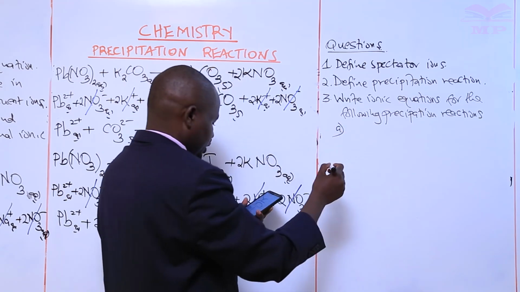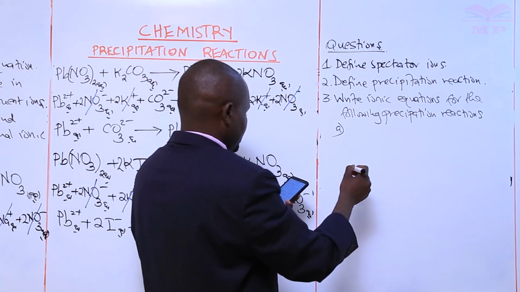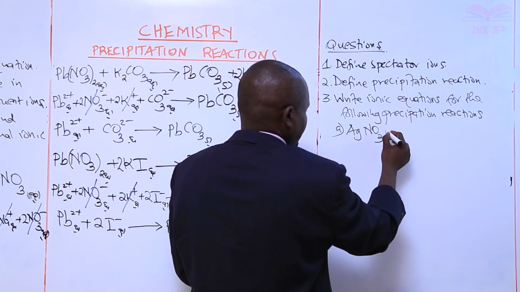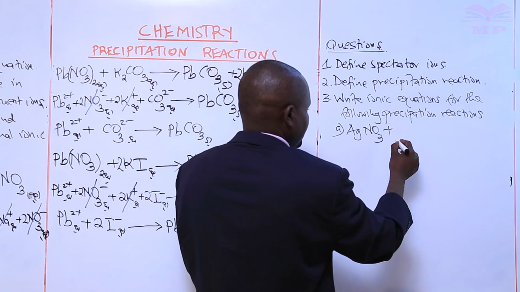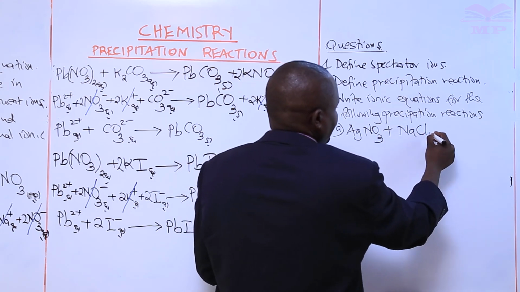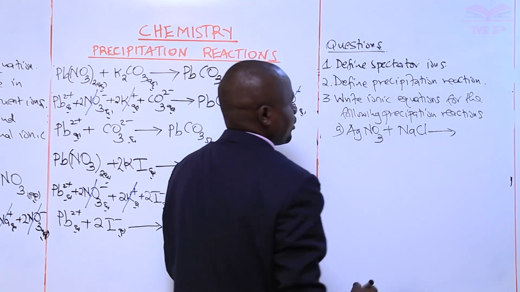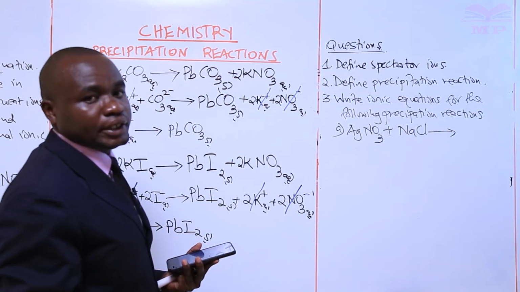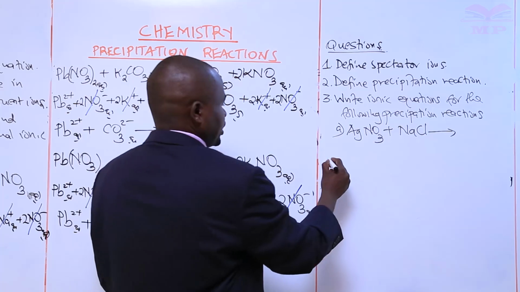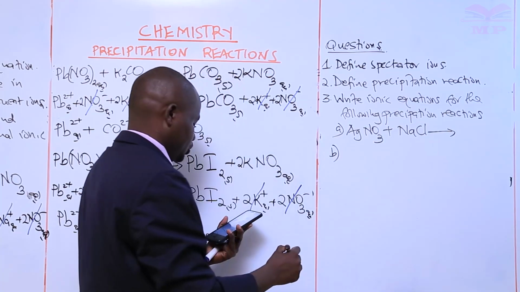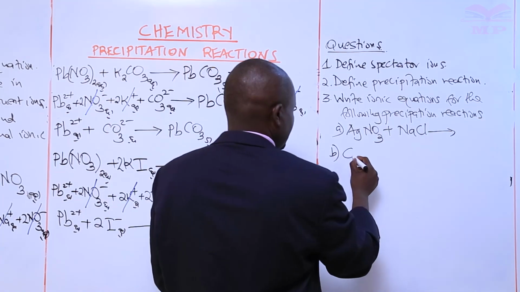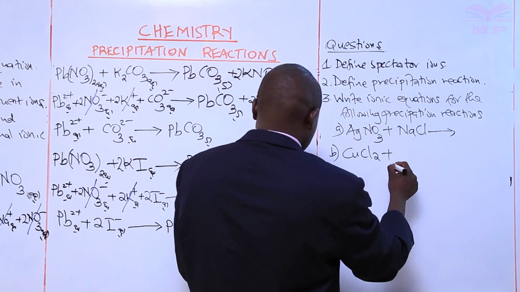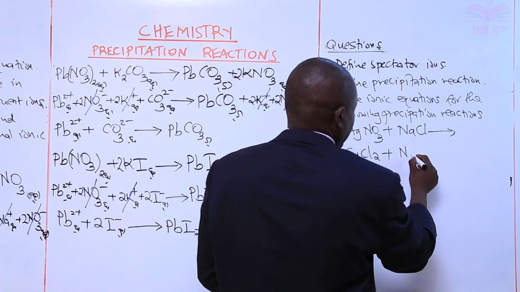The first precipitation reaction is the reaction between silver nitrate reacting with sodium chloride. So you get the products, and then from the products you'll be able to write the ionic equation. The next one you also try is the reaction between copper 2 chloride and sodium carbonate.